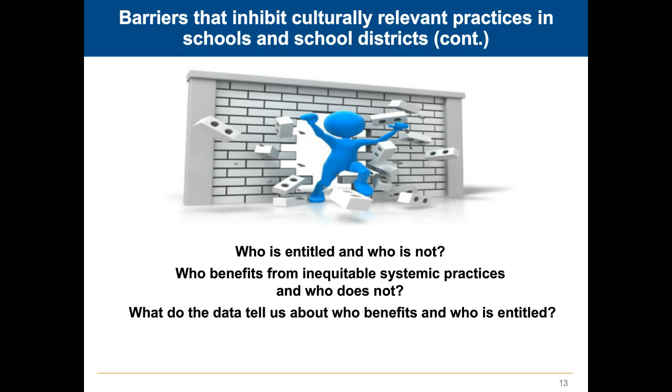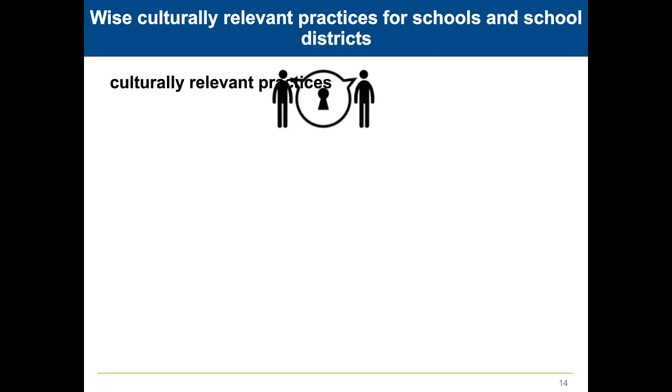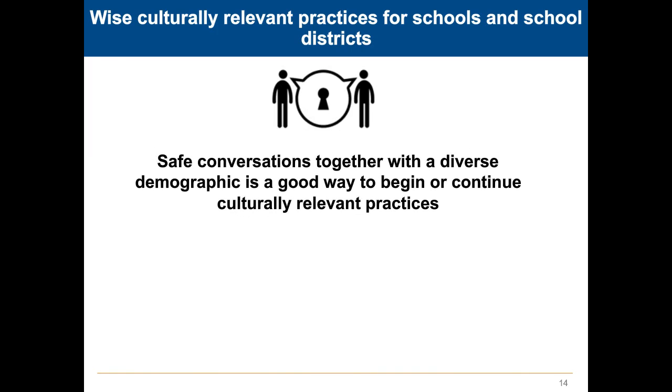So here are some wise, culturally relevant practices that we can talk about as it relates to schools and school districts. First of all, when we talk about any of those things that we've mentioned prior to this point in the webinar, we've got to make sure that we have a safe space for all stakeholders to begin to pull out that one small chunk that we think we can get traction in and to try and find things that we agree upon.